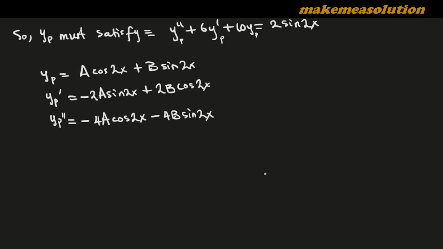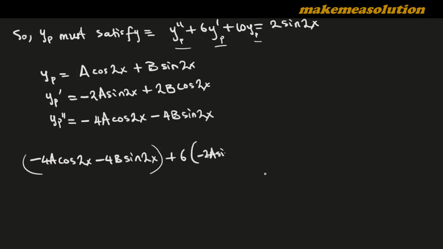So you have obtained yp prime and yp prime prime. You now slot them into this equation so that you can test what happens to the coefficients. Starting with yp prime prime, I have negative 4a cos 2x, negative 4b sine 2x. Plus 6 yp prime, and for yp prime I have negative 2a sine 2x plus 2b cos 2x.